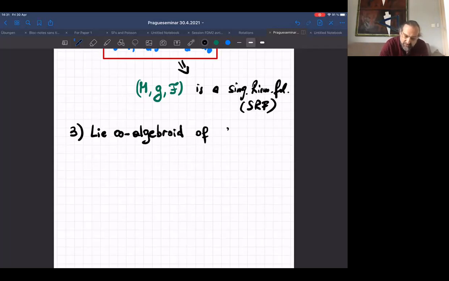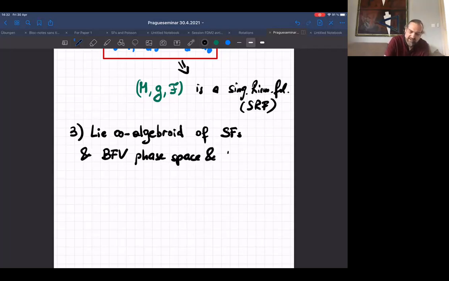So this is associated to singular foliations, and let me use this setting to construct the BFV phase space and the BFV charge, a bit in the spirit of what I said before about this AKZ theory.